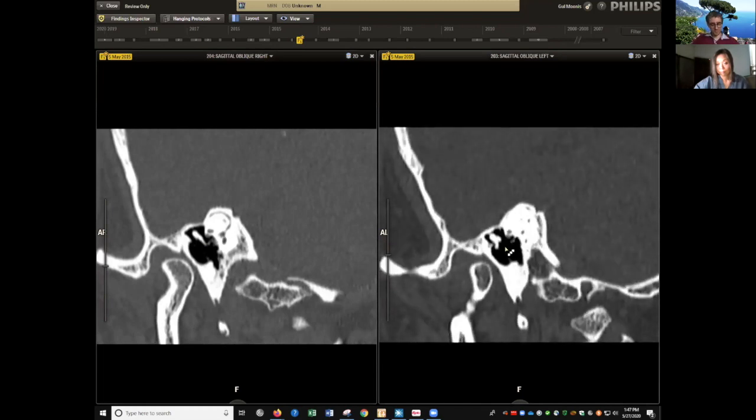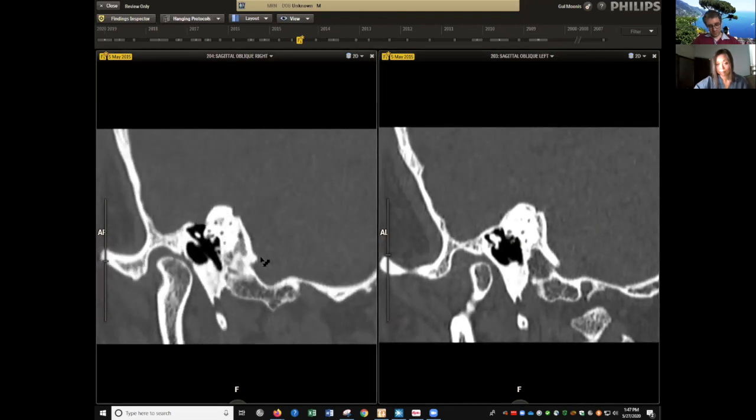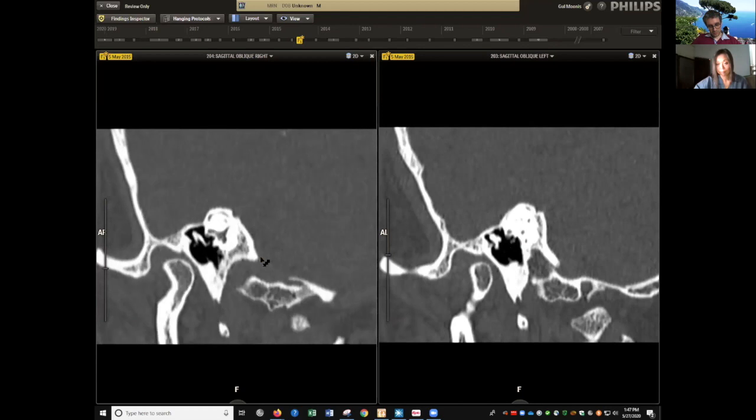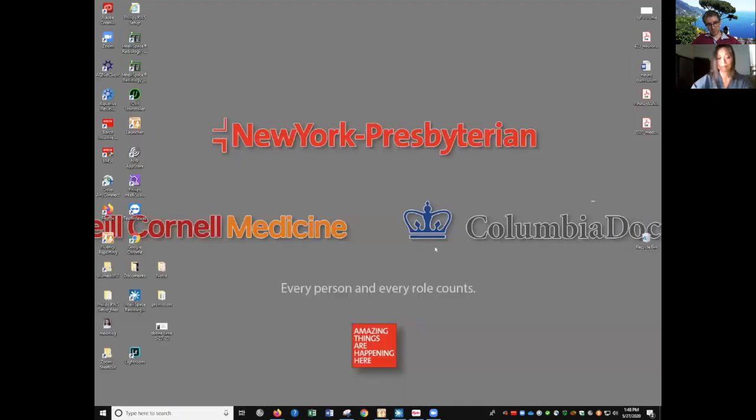It's completely absent. So what we're dealing with is a resorption of the long process of the incus, which obviously is an ossicular abnormality, and so it can present with conductive hearing loss.